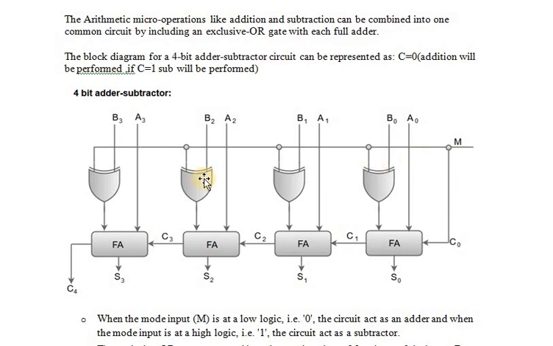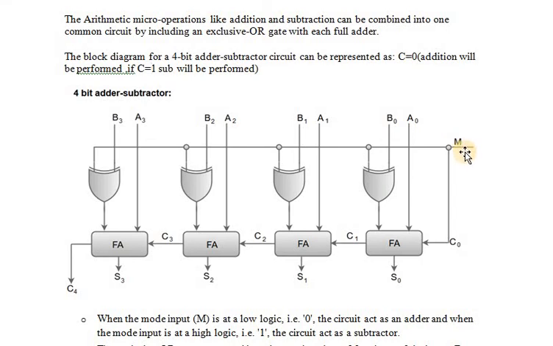I will explain the circuit first, then we will go to the logical explanation. When the mode input M is at low logic 0, the circuit acts as an adder.